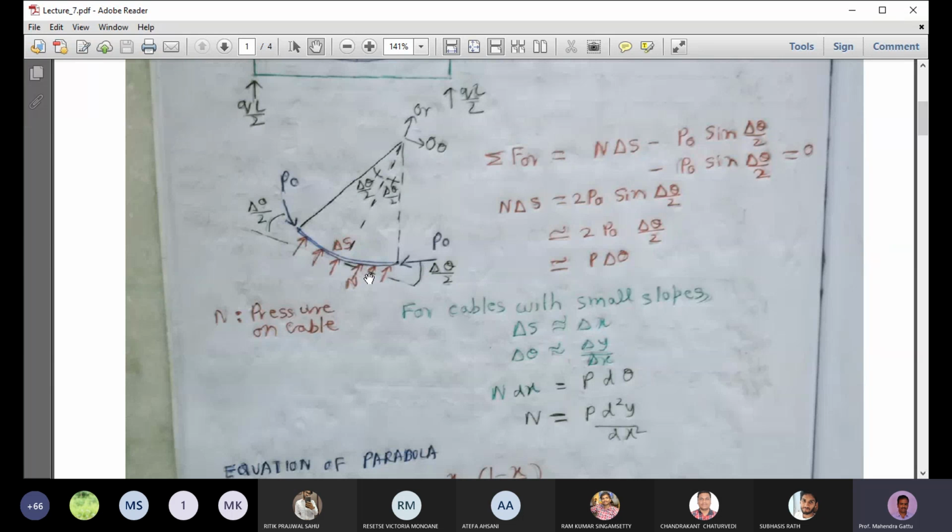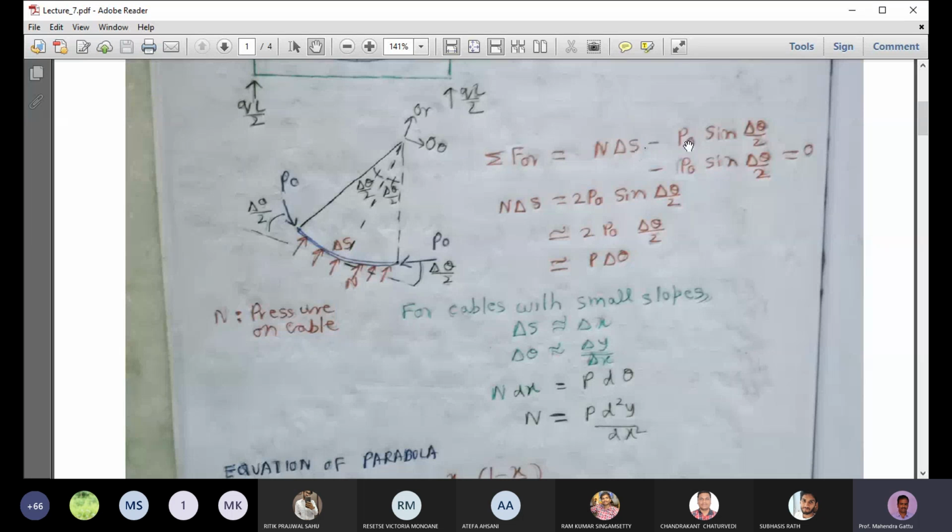Along this direction, it will be P naught cos delta theta by 2, and in the OR direction it will be P naught sin delta theta by 2. Similarly, this force has component P naught sin delta theta by 2 in the OR direction, but in the opposite way. So we have minus P naught sin delta theta by 2 and minus P naught sin delta theta by 2. Since we are taking an infinitesimally small cable element, we can approximate sin delta theta by 2 as delta theta by 2.